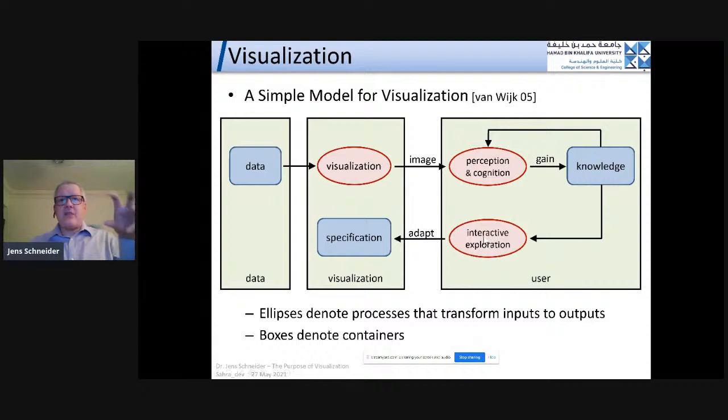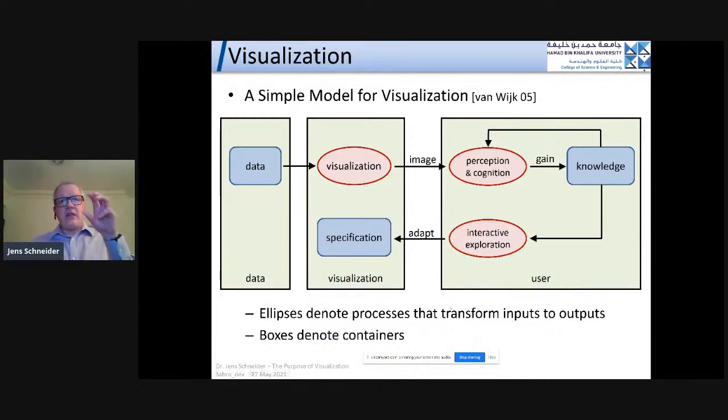And then he plays around with the parameters, looks at the data from different angles, and then he goes back to the visualization expert, that's us, and modifies the specification. So then he comes back and says, I think I saw something, but I need you to implement this and that feature for me. And this is an iterative process.